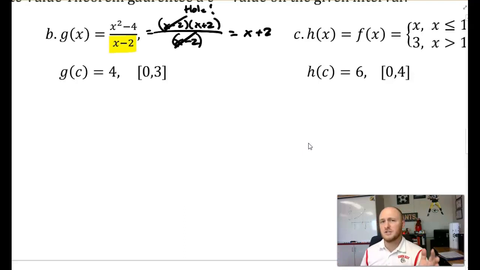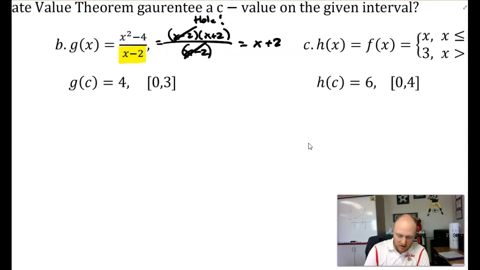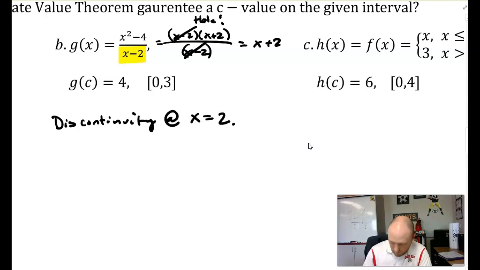With rational functions, it's either going to be a hole or an asymptote, but for our purposes, there's a discontinuity. Now, where is that discontinuity? At positive 2. That is smack dab in the middle of our interval. So g is not continuous on that interval 0 to 3.